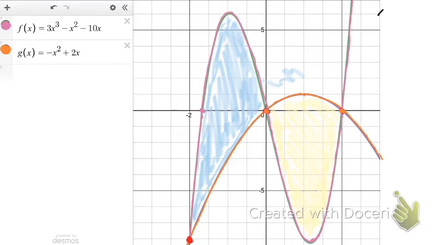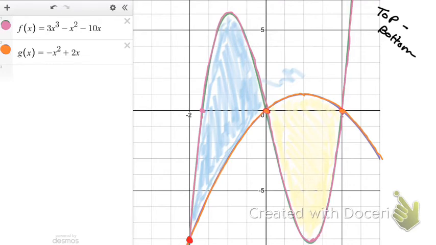I want to find the area, okay? So what I want to pay attention to is that in the interval from -2 to 0, which function is larger, which is on the top, right? So I know that my integral formula that gives me area, f has to be bigger than g, okay?